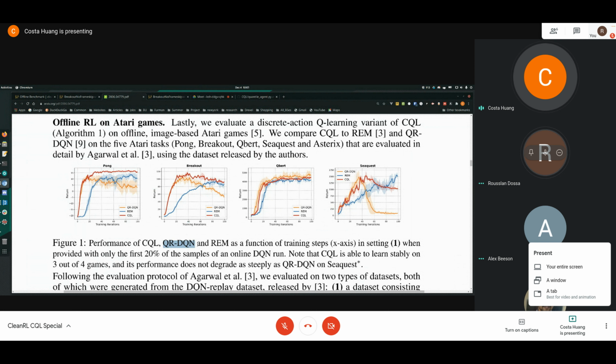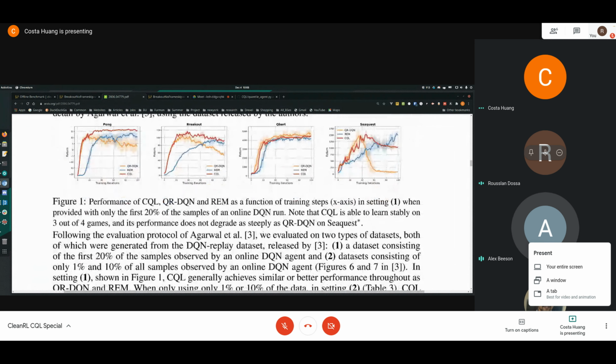Because for quantile DQN, I don't know how they do it, but doing 40 gradient steps to achieve this level of performance is very unlikely. You see they have a lot of shakes and curves around here. I think there are more turning points in this curve than the 20 data points over here.